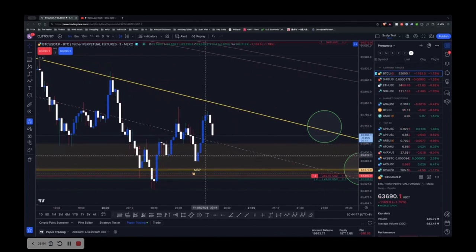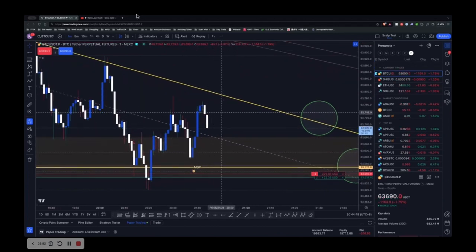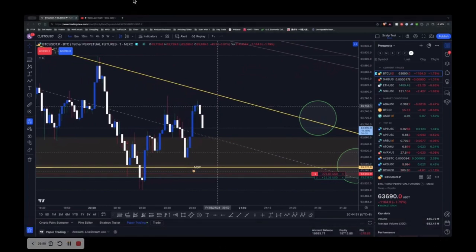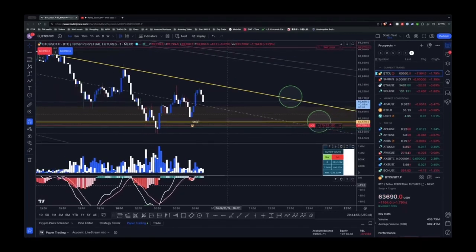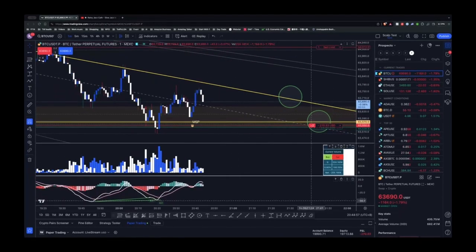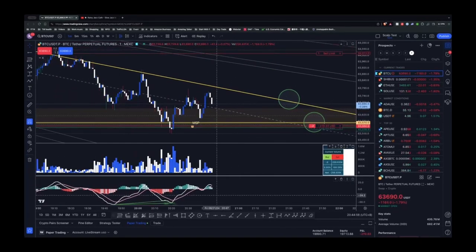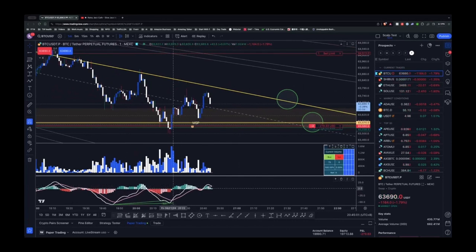Okay, so that is not an order block, nor is this. Sometimes we can look at divergences. See how this peak versus this peak is kind of equal, but the price is lower.